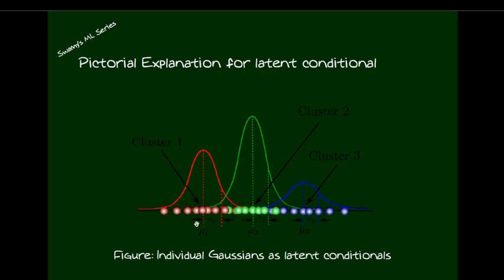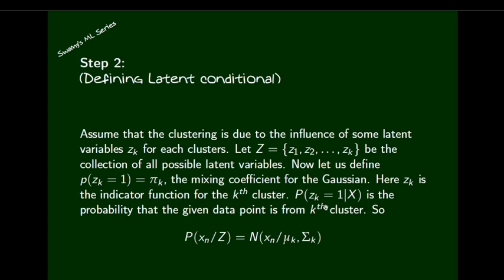Now I am going to assign each cluster a respective normal distribution. The first cluster I assign a red normal, the second cluster a green normal, and the third cluster a blue normal. That is, we define the normal distributions like this.